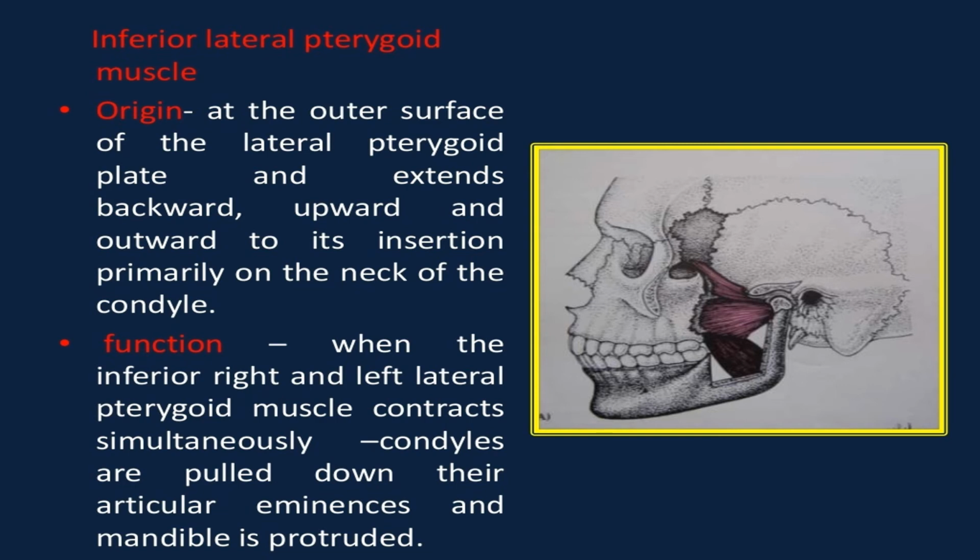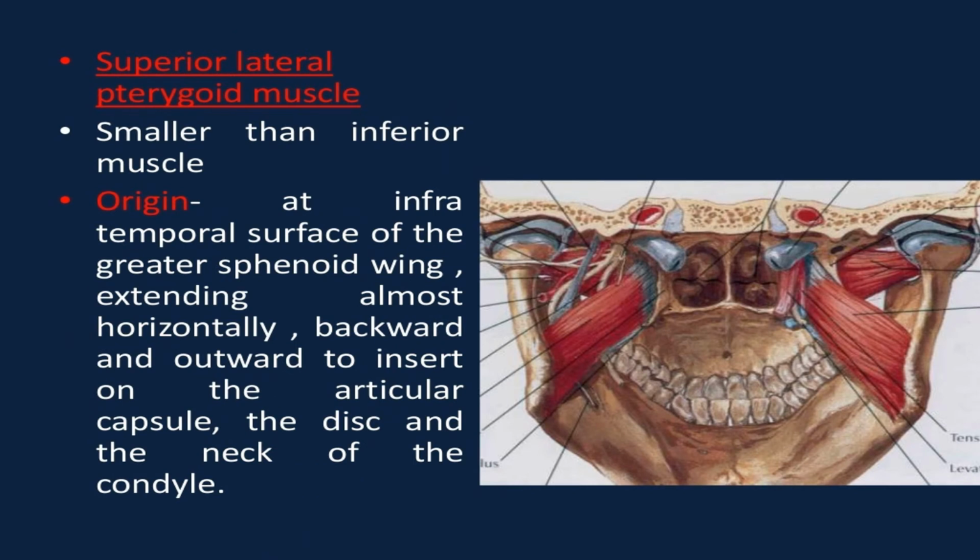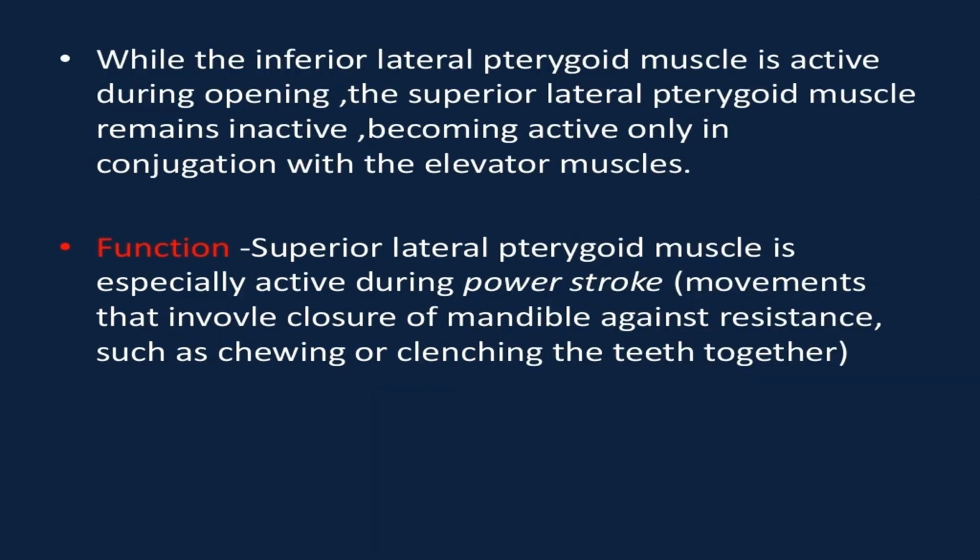mandible is protruded. 77. Superior lateral pterygoid muscle, smaller than inferior muscle, originates at the infratemporal surface of the greater sphenoid wing, extending almost horizontally, backward and outward to insert on the articular capsule, the disc and the neck of the condyle. 78.